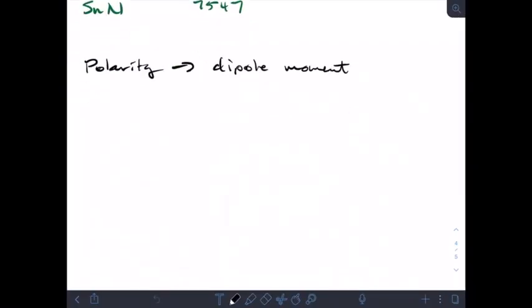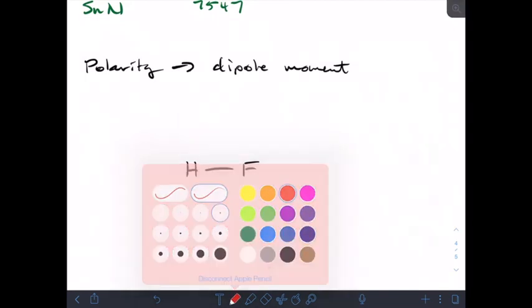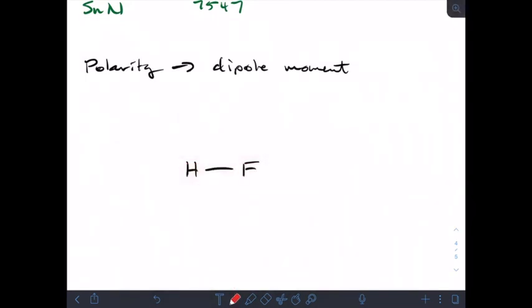Okay, so the point with electronegativity is that if I have, for example, a bond between hydrogen and fluorine, okay, what's really happening here is that, yes, this is not an ionic bond, so the electrons are shared rather than transferred, but the electrons spend more of their time around the fluorine.